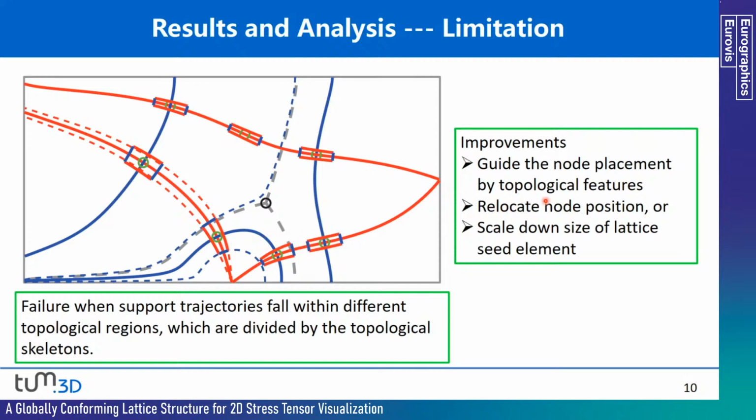Here we recommend some tips to avoid this situation. Firstly, one can guide the node placement by the topological features. If the problem still exists, then relocate the input node position or scale down the size of the lattice seed element. The topological skeletons can be obtained by performing topology analysis on a stress field.